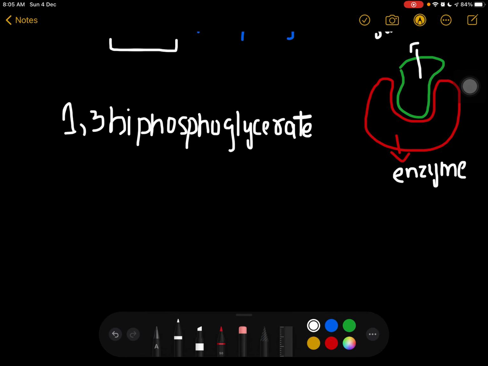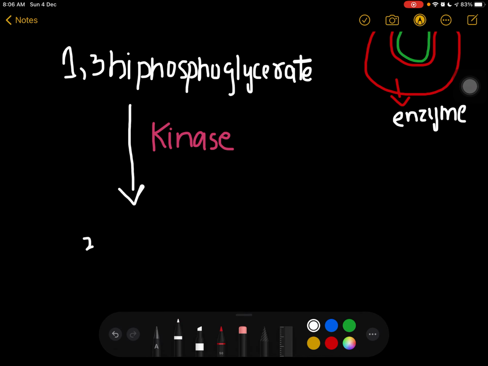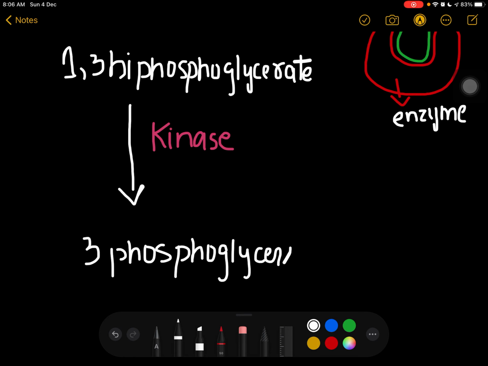When 1,3-bisphosphoglycerate is actually like a substrate in the presence of an enzyme known as kinase, right? So what happened, basically only 3-phosphoglycerate came. What does that mean?